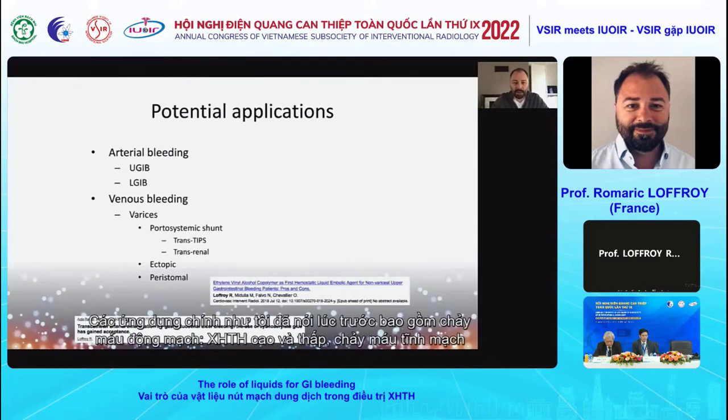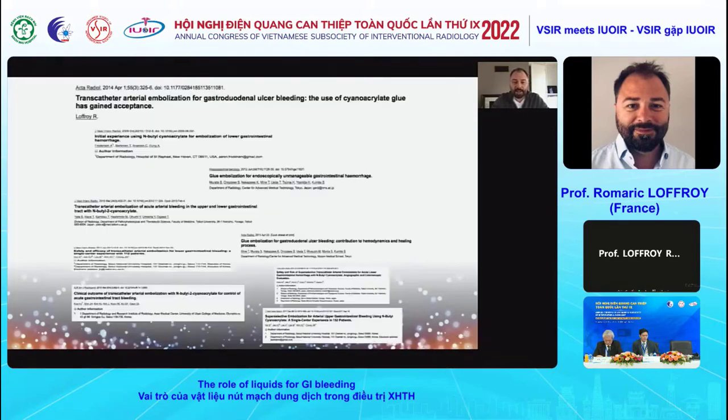So the potential applications, as I said before: arterial bleeding, upper and lower GI bleedings, and venous bleeding also for varices. I will show you some examples of portosystemic shunts, ectopic or peristomal varices that we can embolize. As I said, if we look at the literature, the use of cyanoacrylates has really gained acceptance over the last 5 years.